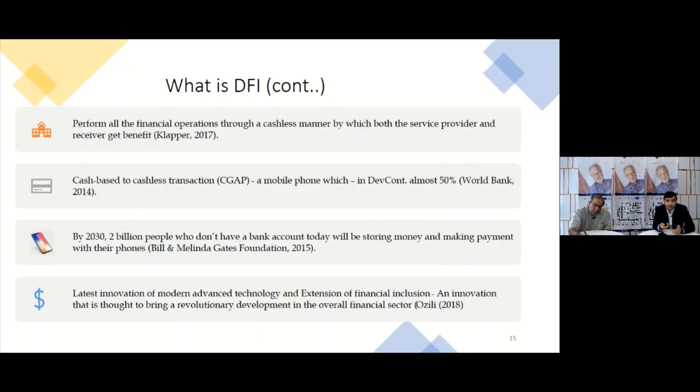So it's also the transfer from cash-based to cashless, and Bill and Melinda Gates already predicted that by 2030, 2 billion people who don't have a bank account today will be storing money and making payments through their phones or any digital, innovative, technology-based financial system.